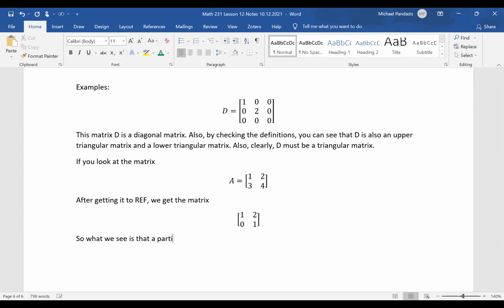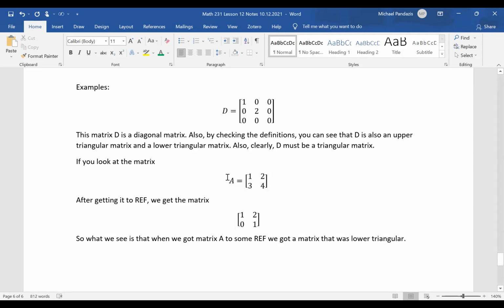Okay, so what we see is that when we got matrix capital A to some row echelon form, because we could do it in many ways, we got a matrix that was upper triangular. And this always happens.